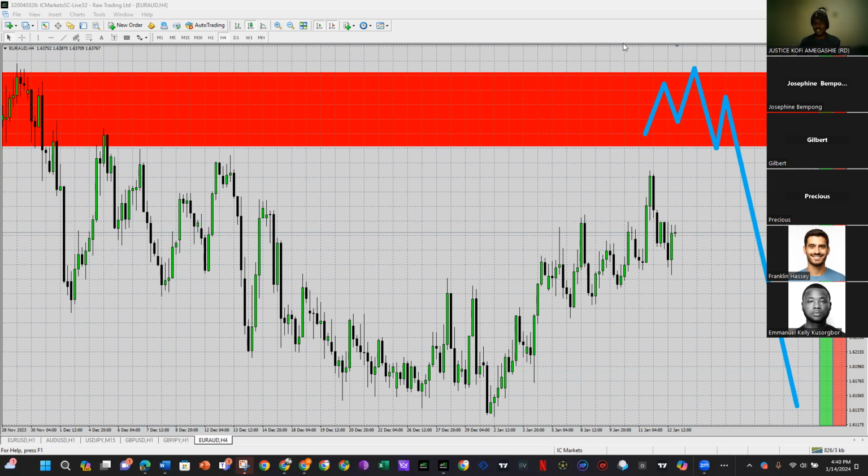So all the time, this is what you are looking for as an entry technique. When you don't see this on a smaller time frame, you are not entering the trade. So for this particular trade, there is no trade for us this week until we see something happen around this area, the red zone.